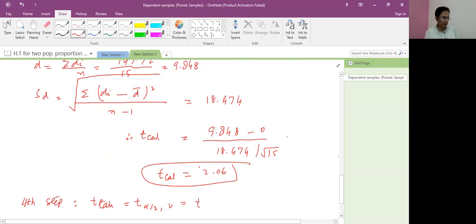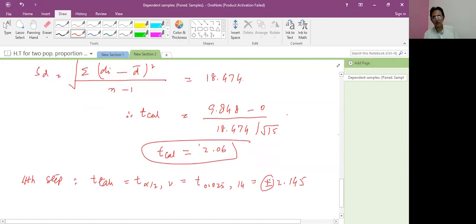Alpha is 0.05 divided by 2, which is 0.025, on 14 degrees of freedom. We will determine the value with the help of the t table. It will be 2.145. The plus minus sign indicates a two-tailed test, so we write it in this form.